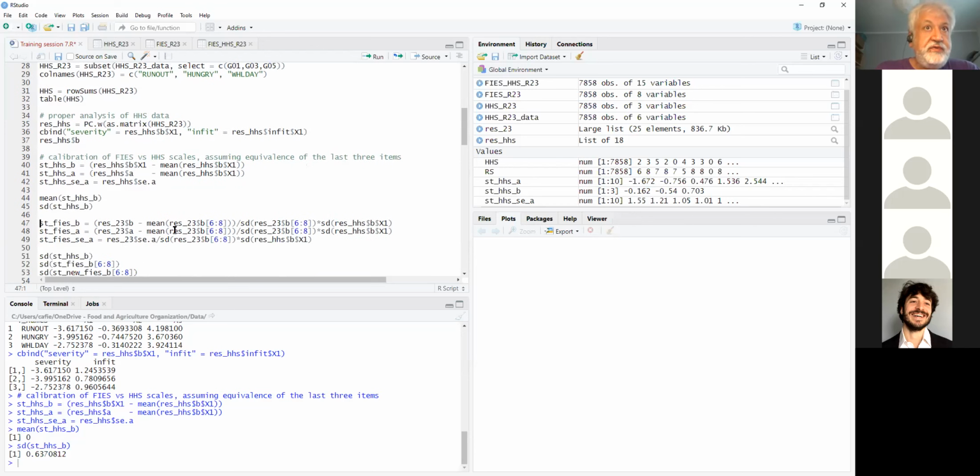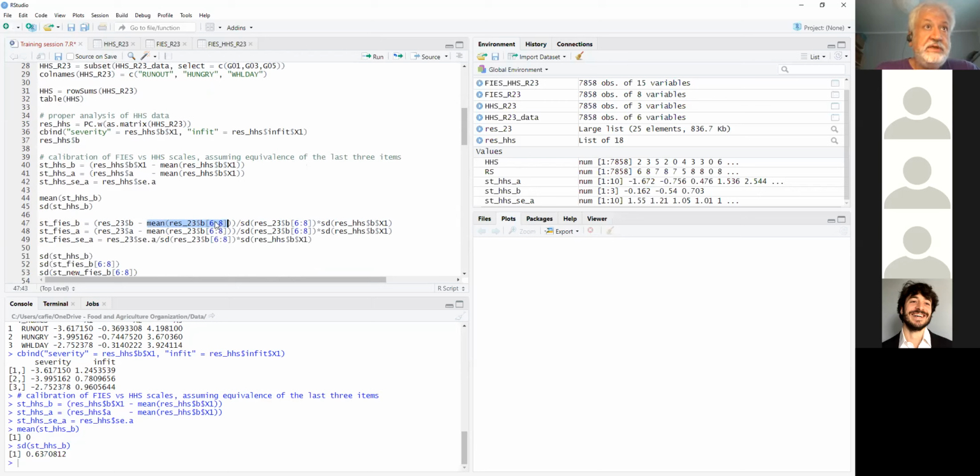And to achieve this, I just center the original scale around the mean of the last three parameters.